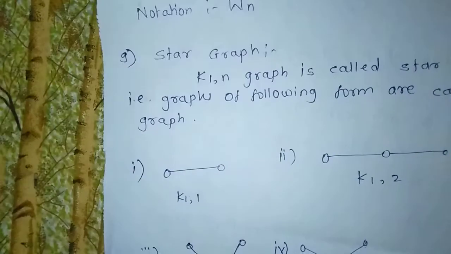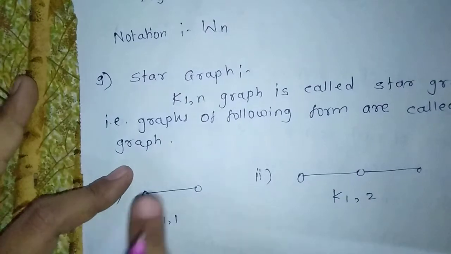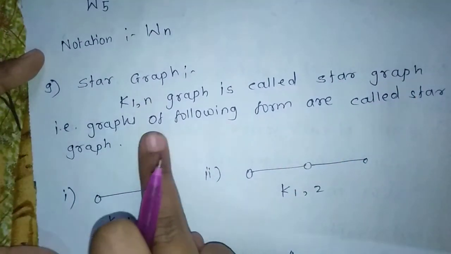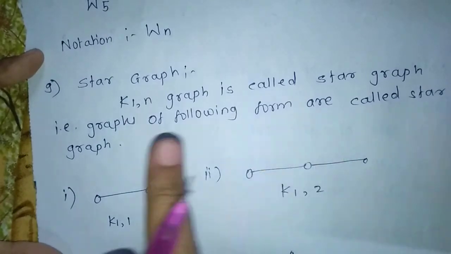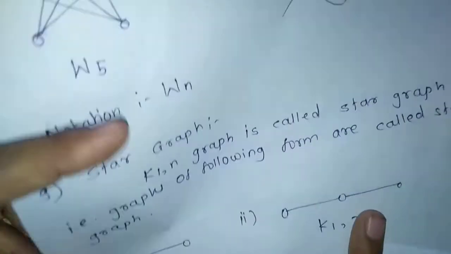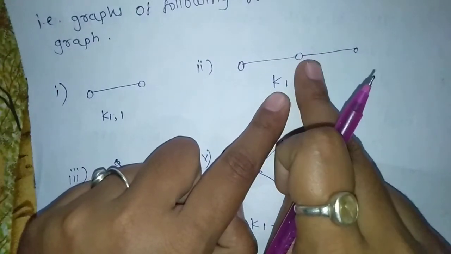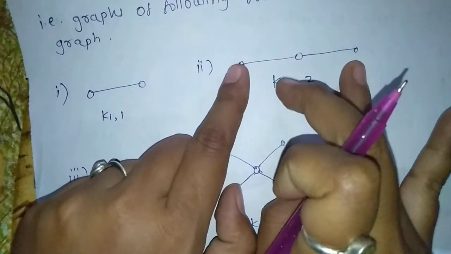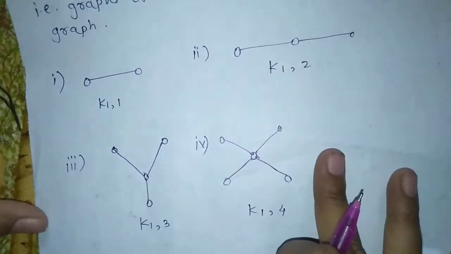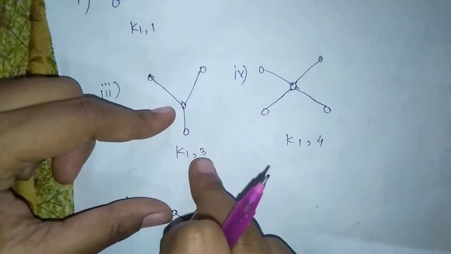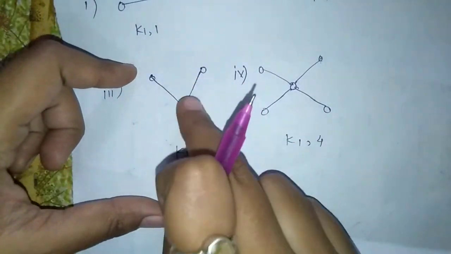Next graph is the star graph. The graph K1,n is called a star graph, that is, graphs of the following form are called star graphs. K1,1 like this. For K1,2, first put one vertex here and the remaining 2 vertices here and join them to this vertex by edges. For K1,3, first put one vertex here, next 3 vertices, and join the edges.